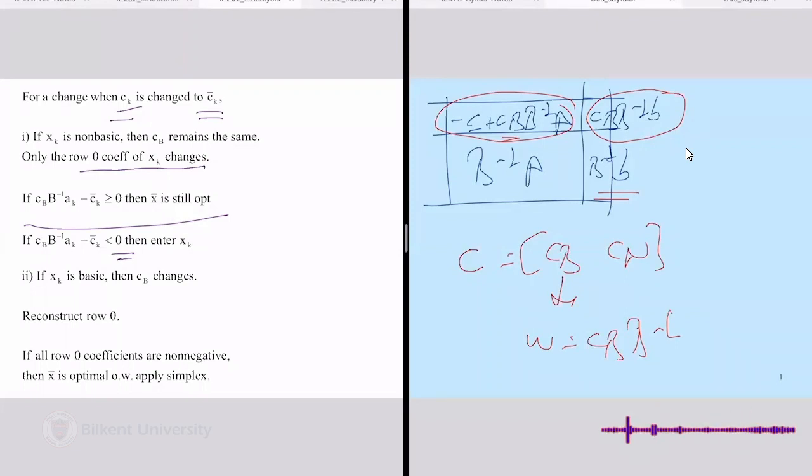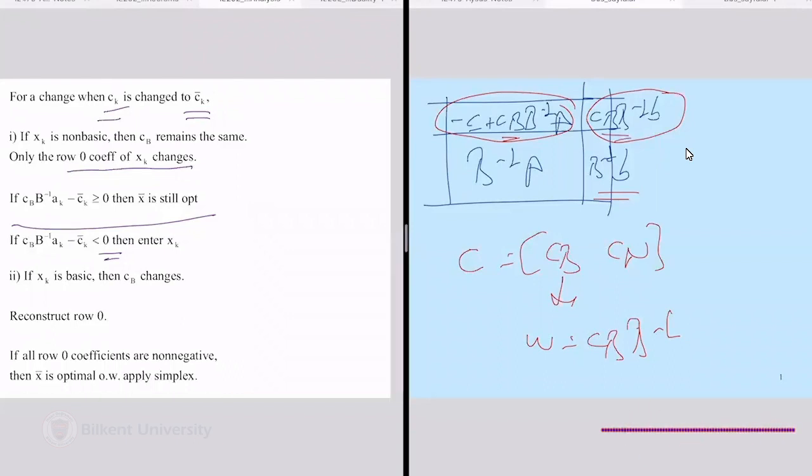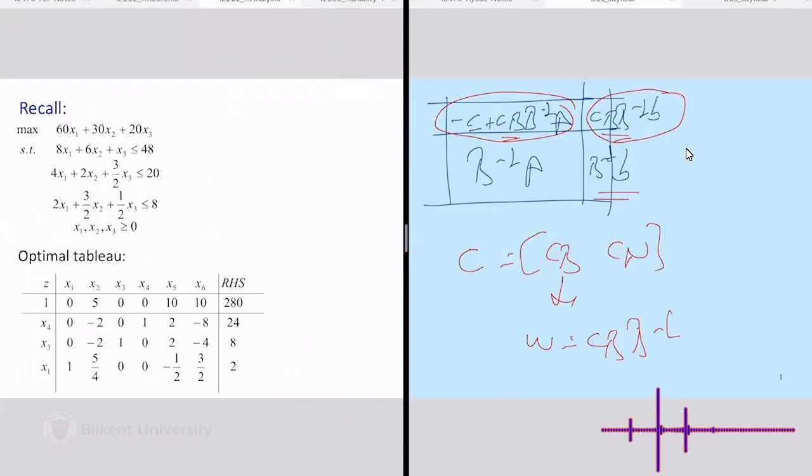If there are negative entries, you just apply standard primal simplex. If everybody is positive, you're still optimal, just update your objective function value, CBB inverse B. All right?